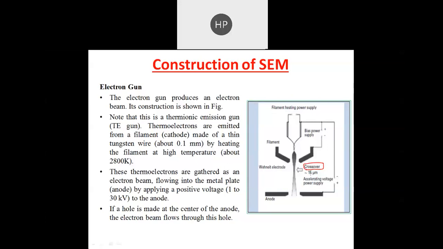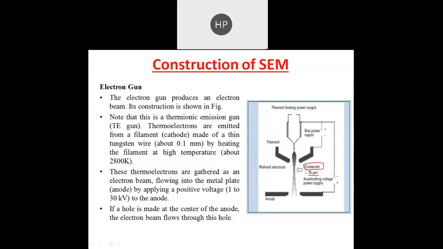At that crossover the diameter of the electron beam is only 15 micrometer. So it is a very small diameter, and that's why it is very important to generate that particular thermoelectric crossover in SEM analysis.